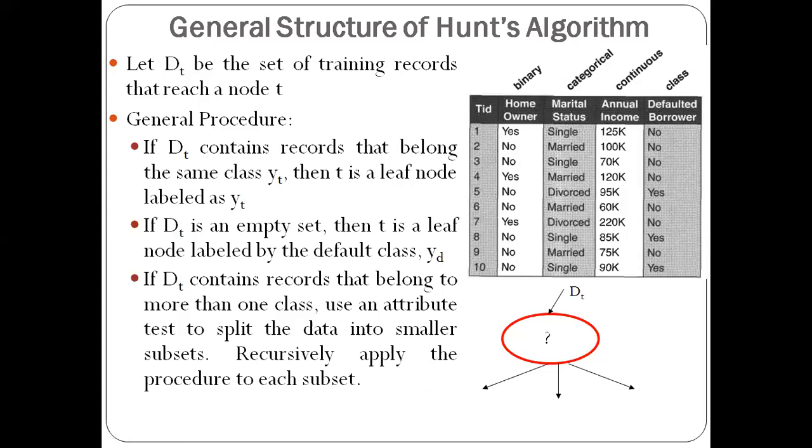Suppose defaulted borrower is equal to yes; it means the person has not paid the loan correctly on time, so he has cheated the bank. That is the classification task here: I have a training set of records.